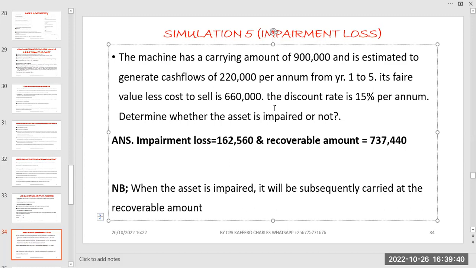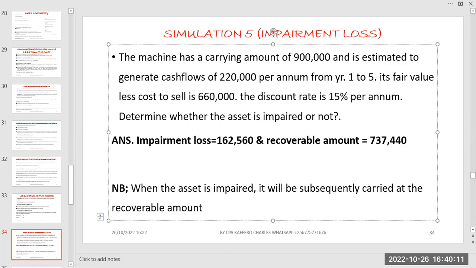And now they are saying the fair value less cost to sell is 660,000. They have given us the discount rate, and they want us to know whether the asset is impaired or not.